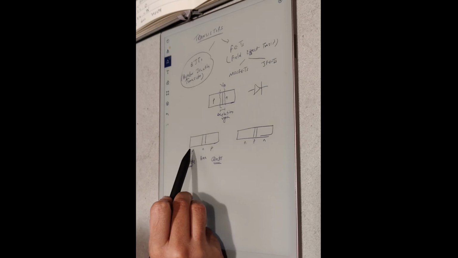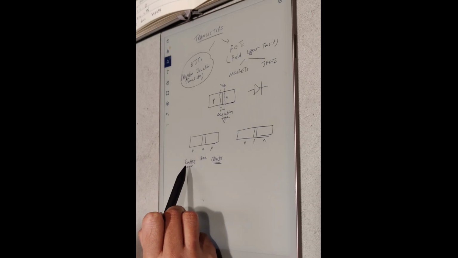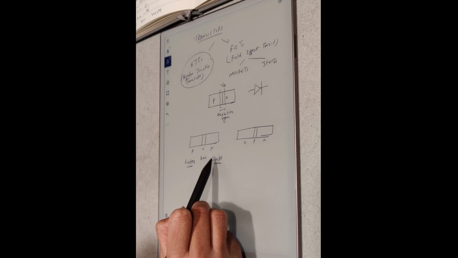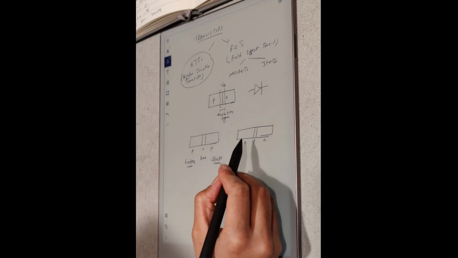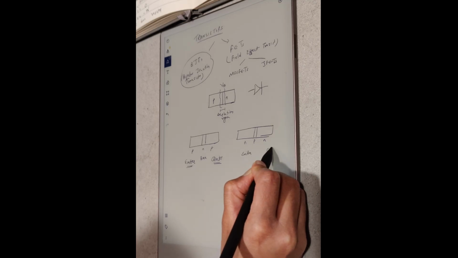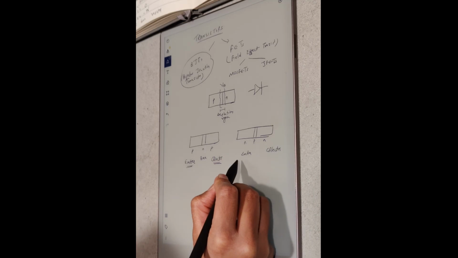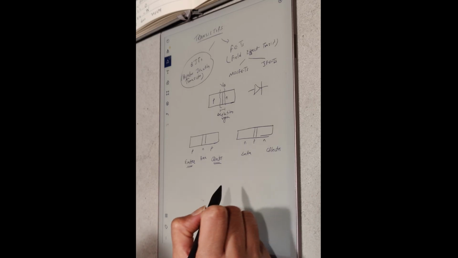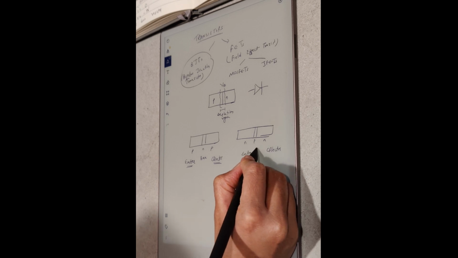So in this case, P has more holes, so the emitter is going to have more holes compared to the collector. The same thing here, this is just NPN. You have one side emitter, one side collector, and the emitter side is heavily doped, so it has more electrons compared to the collector.